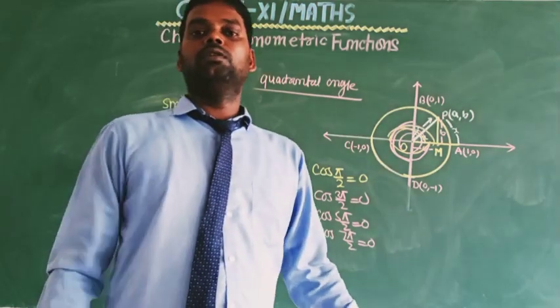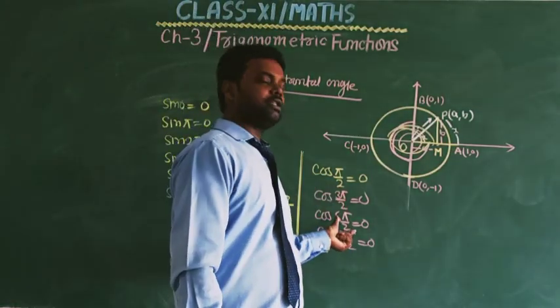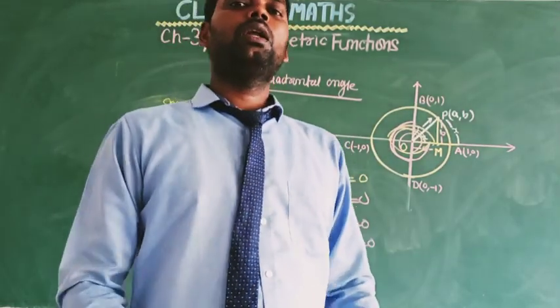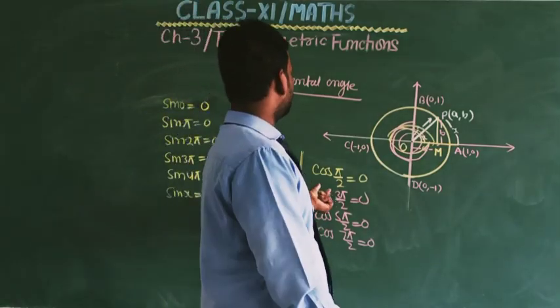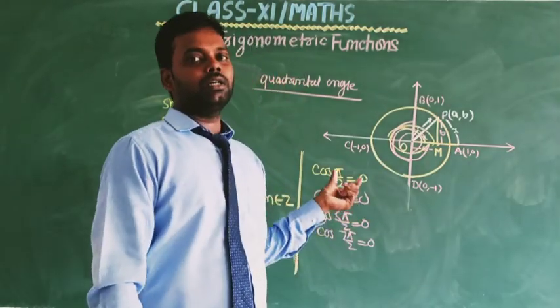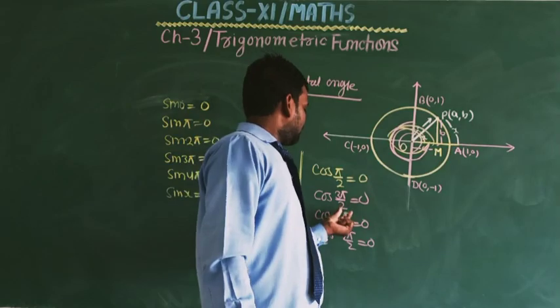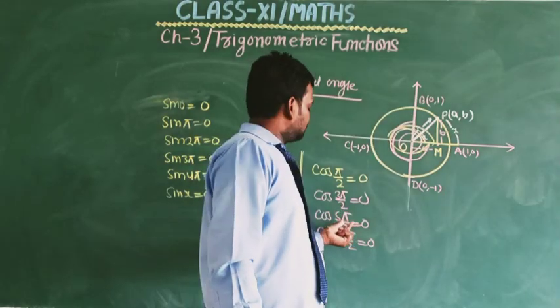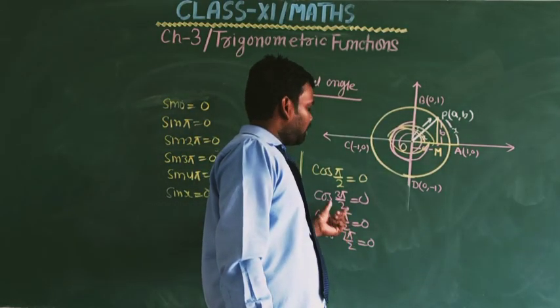Okay, so from this observation we see that the value of cos is 0 at odd multiples of pi by 2.